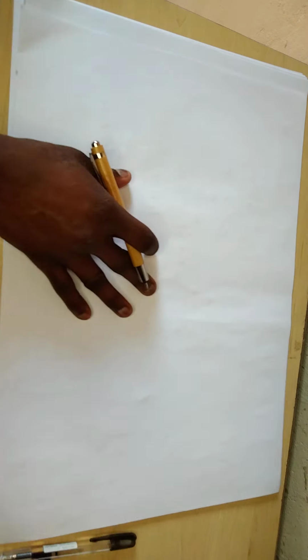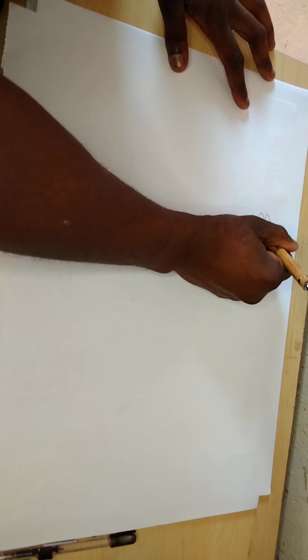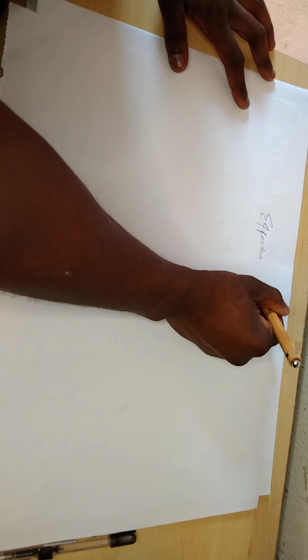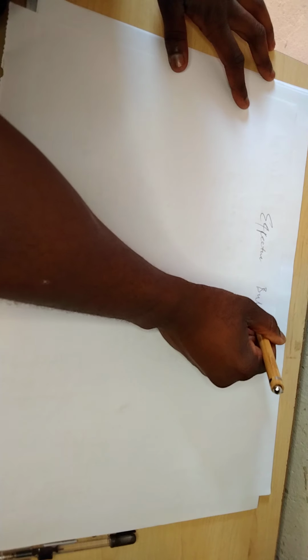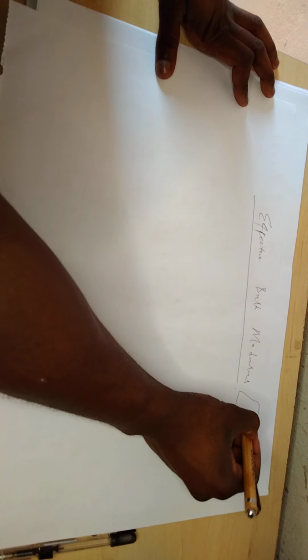When we are going to calculate m, we'll be dealing with something called effective bulk modulus. This is what we're going to deal with. Effective bulk modulus is KE. The formula, you will find on your formula sheet.